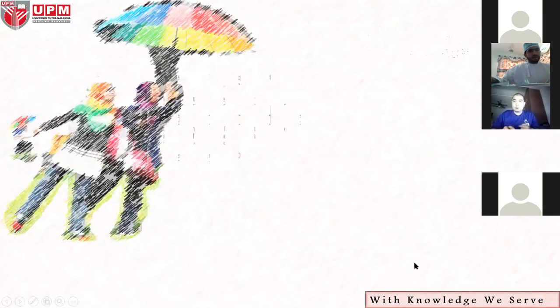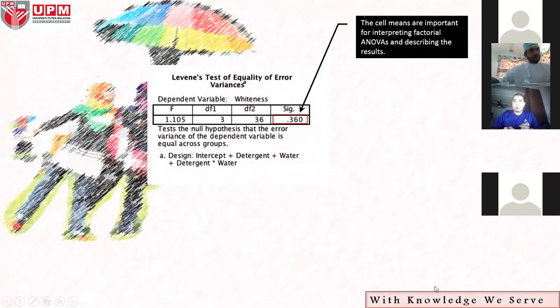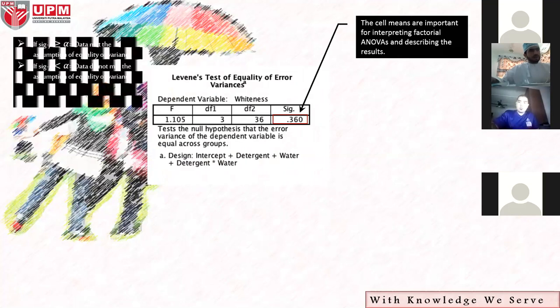Yalah, ni simple je, ini descriptive. The next one is Levene's test of equality of error variances. This is to check your assumption, the homogeneity of variance assumption. This one is similar, no problem, should be.